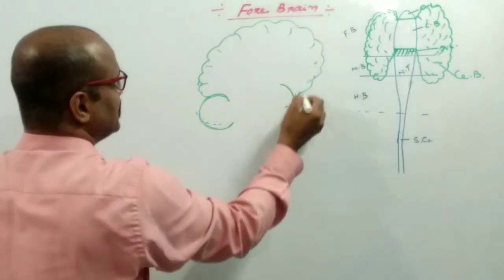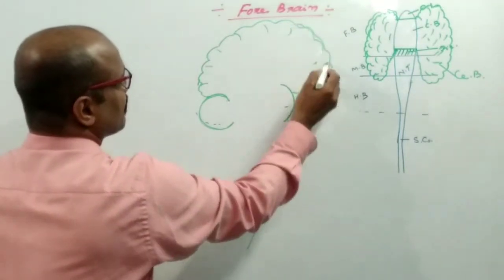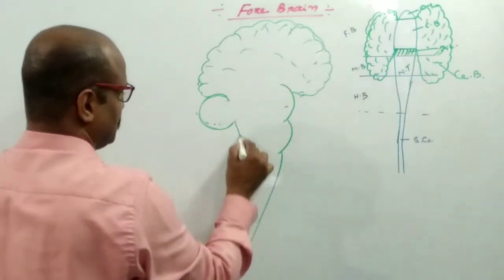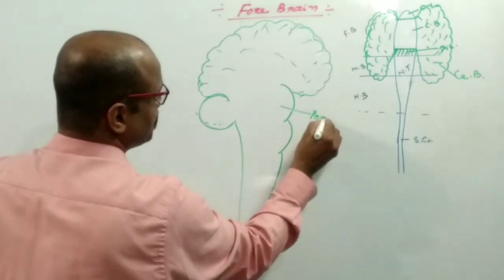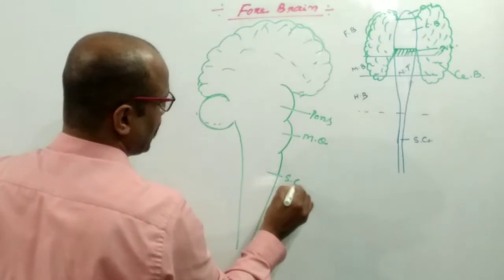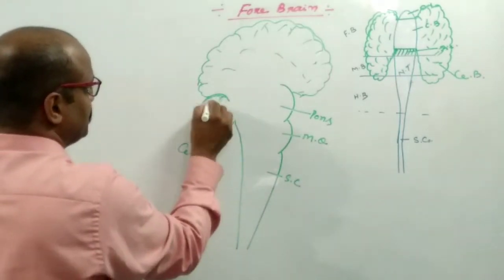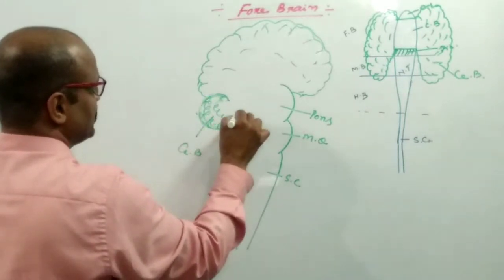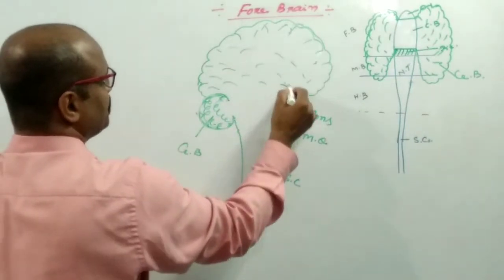This is the pons. This is the medulla oblongata. This is the spinal cord. This is the cerebellum, which is a highly folded region of the brain, and this is the cerebrum.